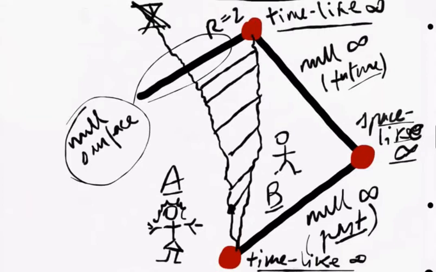Okay, so if traveler A, and I cannot draw it here because it's too small, but imagine that just one epsilon before crossing the event horizon, he sends a last email to his friend on the right.